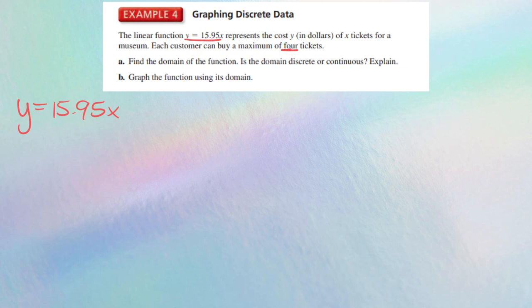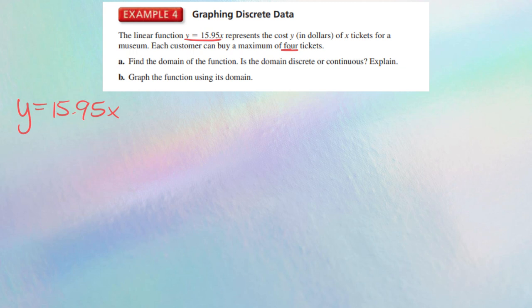X is a representation of how many tickets you can buy. 15.95 is the cost, correct? X is how many tickets you can buy, and that's independent, but who's dependent? My y, right? So how many tickets I purchase determines my total.